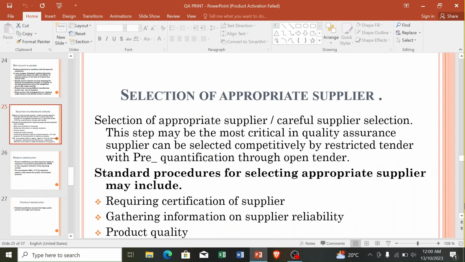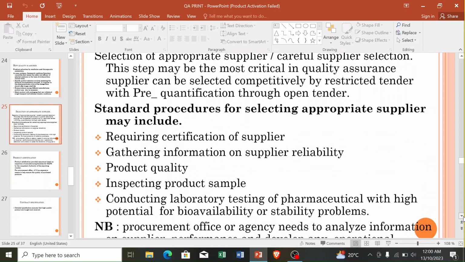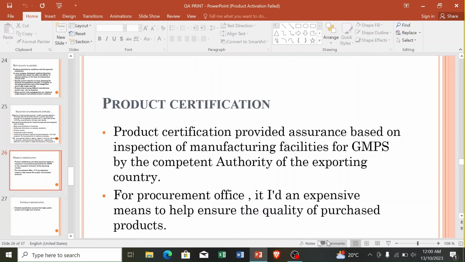And after this, it takes us to the third way in which we assure quality, which is product certification. For every product that is manufactured, you need to have a certificate. So you find that you are assuring quality. You are making sure that whatever you are preparing is of quality.